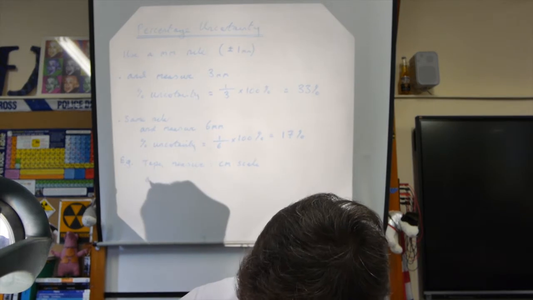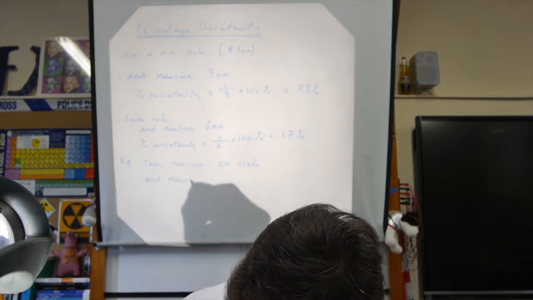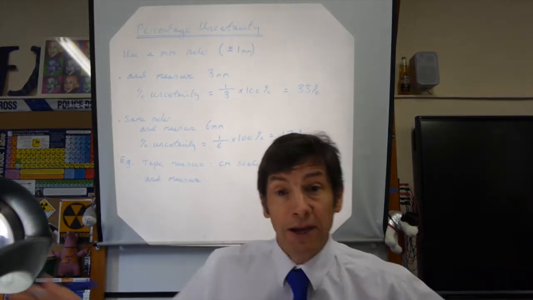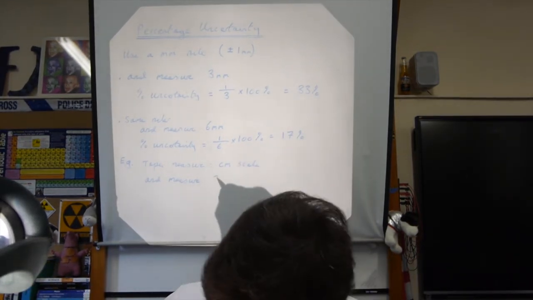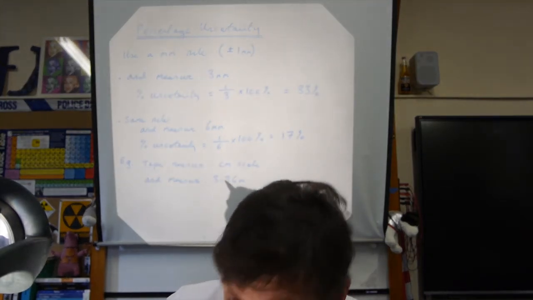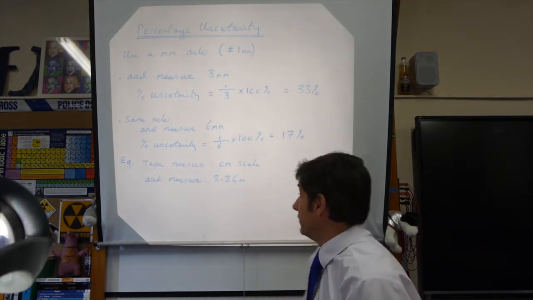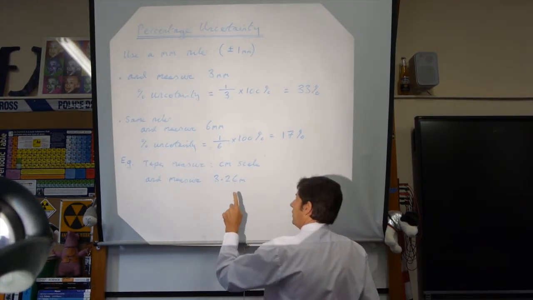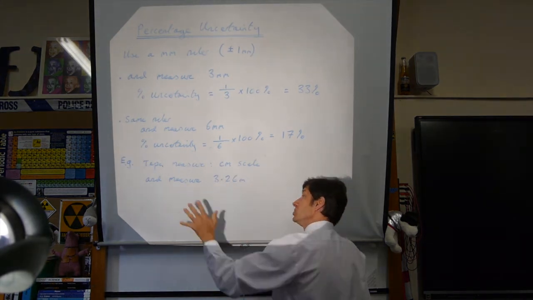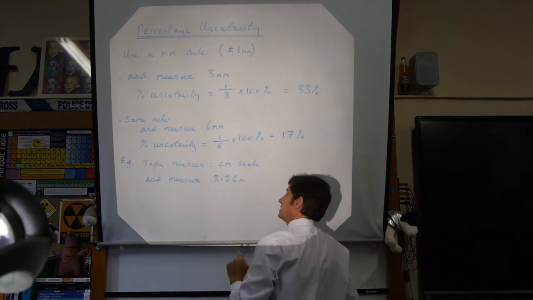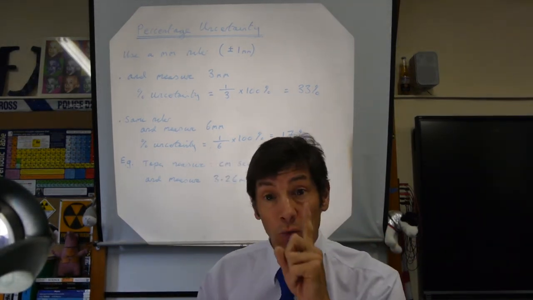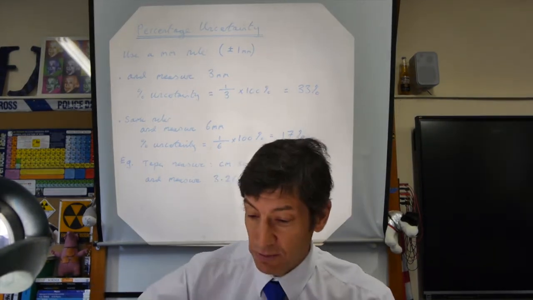So we measure something on the floor, maybe a plank of wood, and we get 3.26 metres. Now we can do things properly: with a centimetre scale, the resolution of the tape measure is 1 centimetre, so this is going to be out either side, possibly by 1 centimetre too big or 1 centimetre too small.